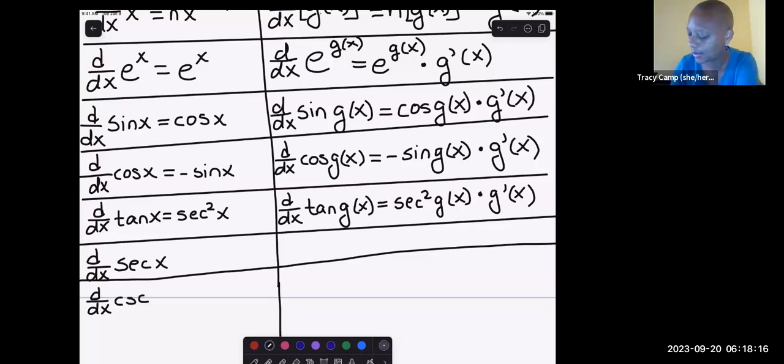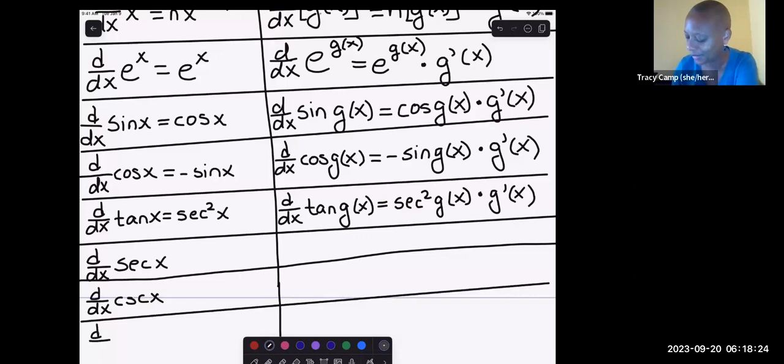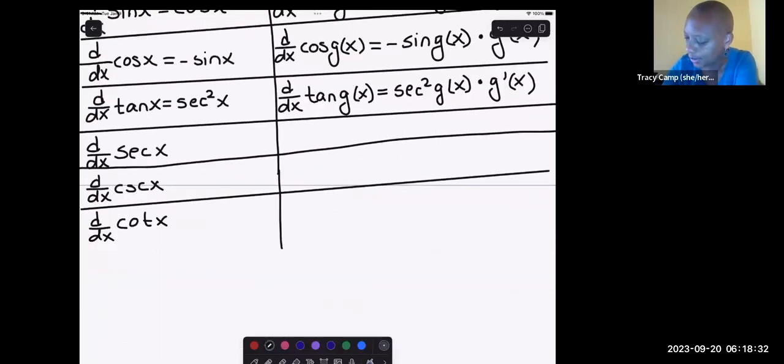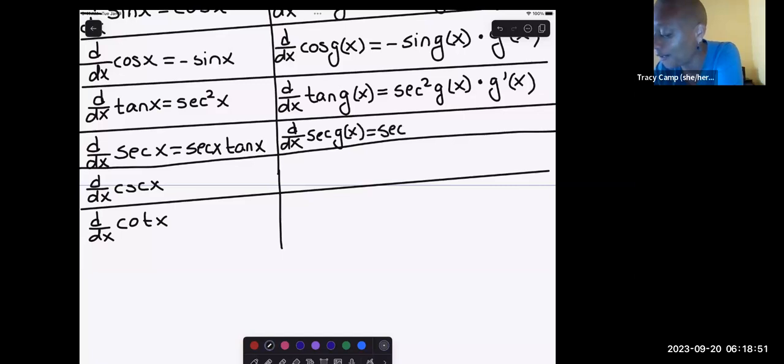Cosecant. This is all slanted. And then cotangent. This is the one I'm worried I'm going to run out of room on, because the derivative of secant is secant x tangent of x. So the derivative of secant of g of x is secant of g of x tangent of g of x.